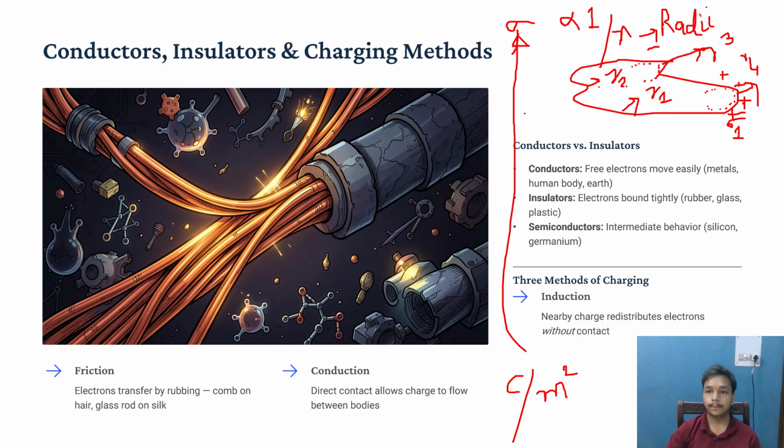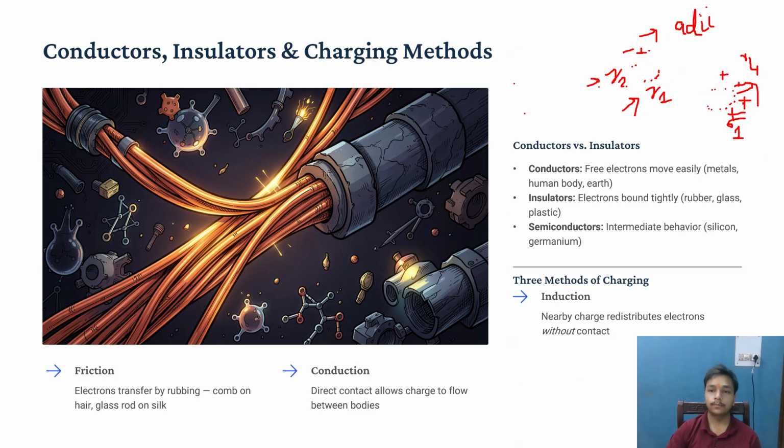Charge will be deposited on the outer surface. So this is how the charge distribution on an isolated conductor takes place. You can just take a note of it. It is very important for solving JEE Advanced level problems.